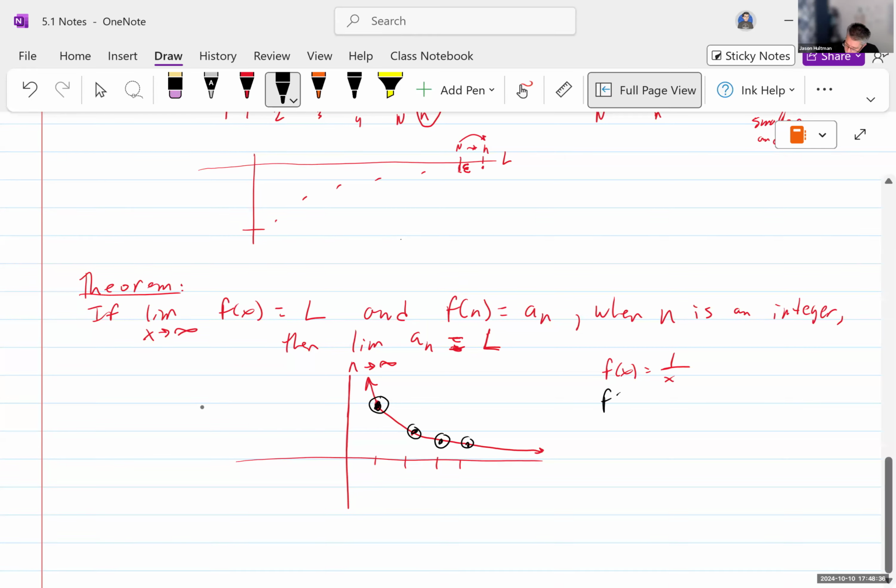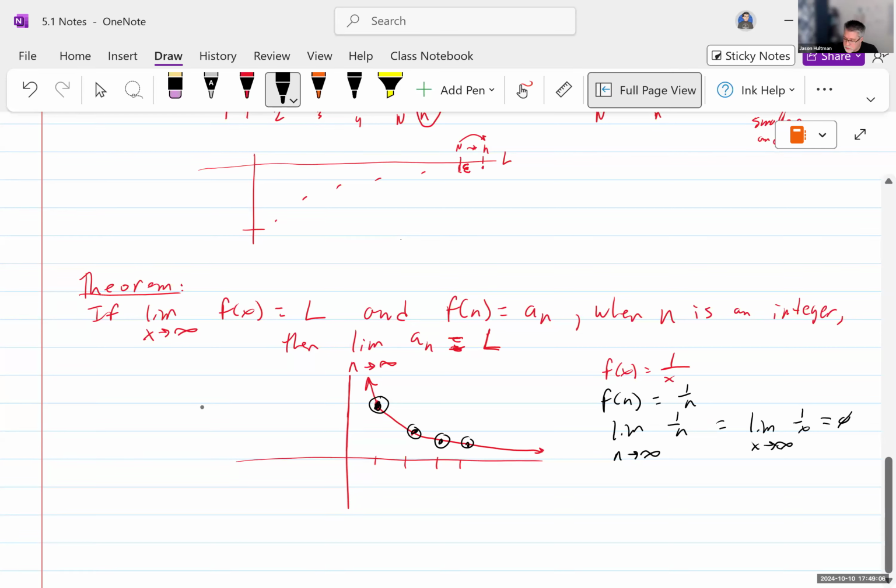We say f sub n is equal to 1 over n in this case. And so the limit as n goes to infinity of 1 over n was the same as the limit as x goes to infinity of 1 over x. And in this case, this would be 0, because the limit as x goes to infinity of 1 over x is 0.